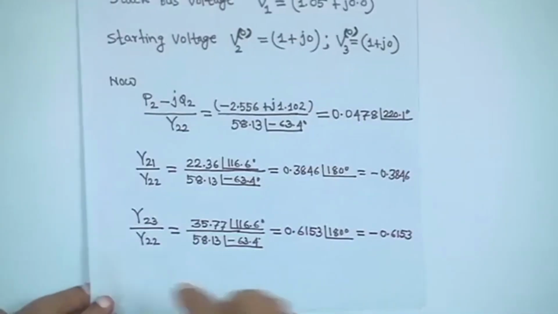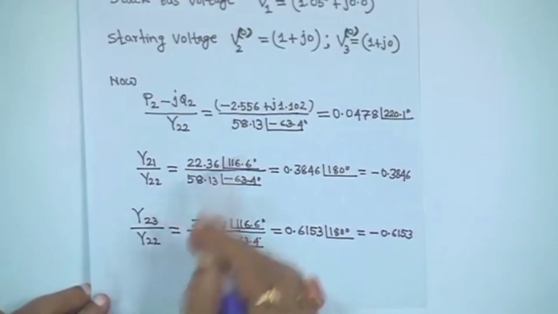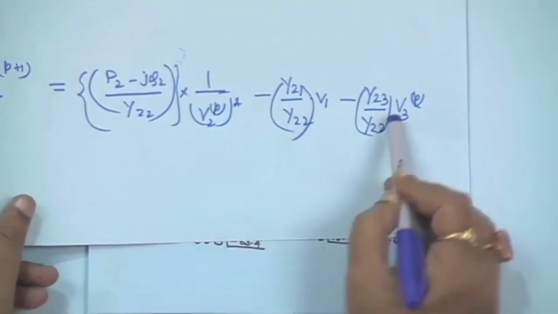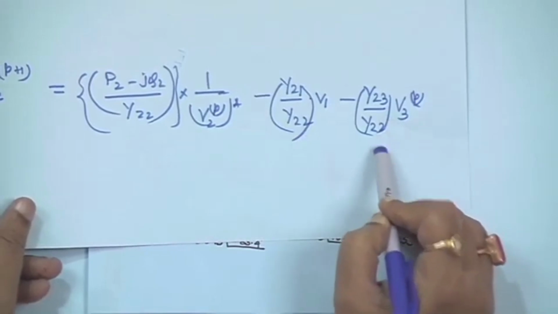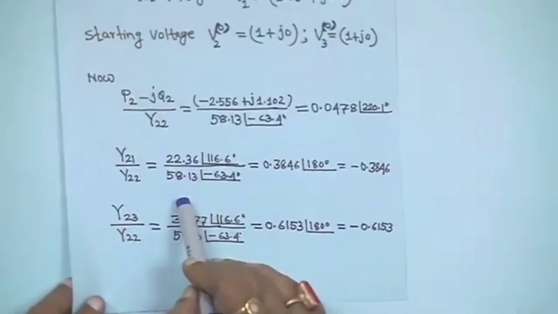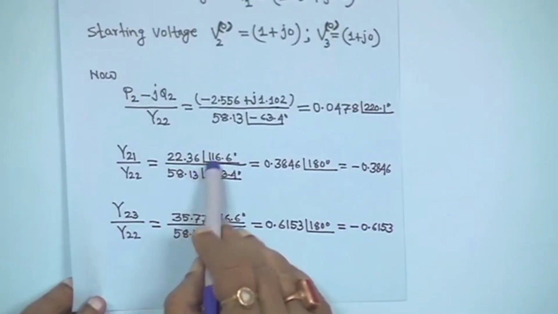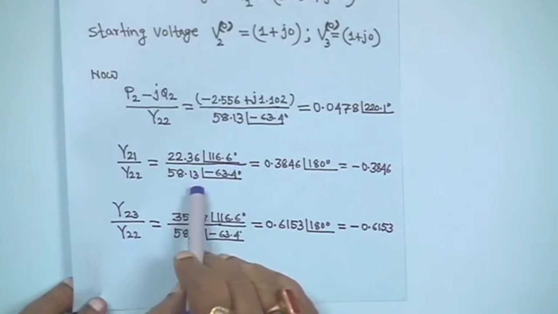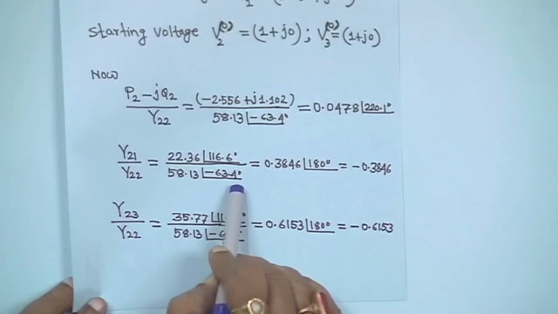Similarly, next, as I told you, Y21 upon Y22 and Y23 upon Y22, all these you have to compute. Then Y21 upon Y22 will be, substituting these two values, 22.36 angle 116.6 degrees and this is 58.13 angle minus 63.4 degrees.